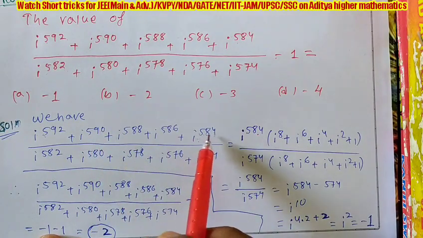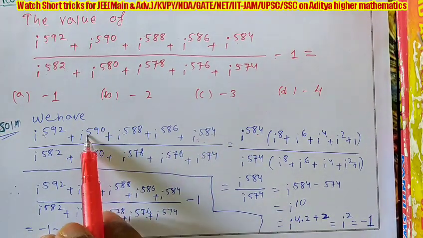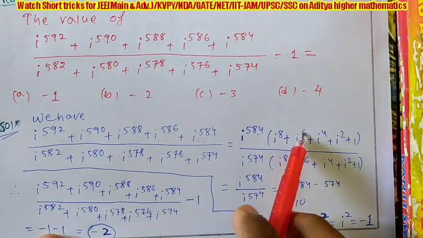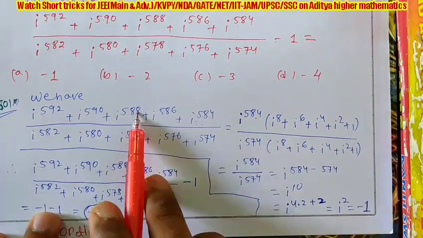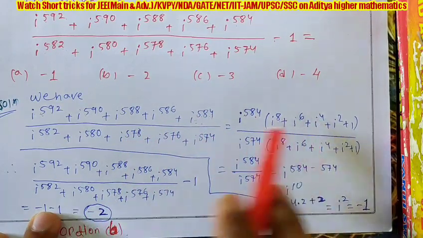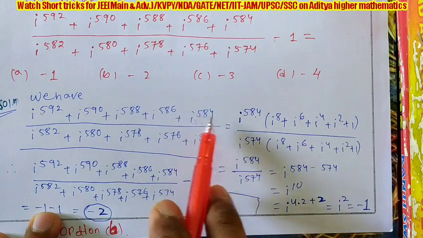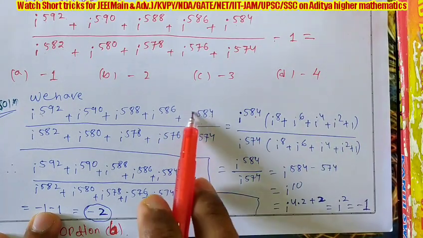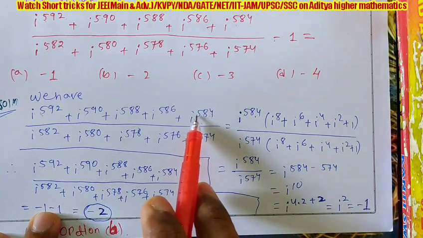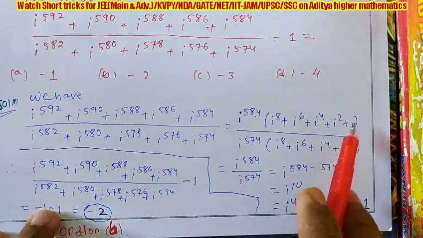Taking 584 common, subtract 584 from 590. What remains? 6. So i to the power 6. Similarly here 588, taking 584 common, 588 minus 584 is 4. Next 586 minus 584 is i to the power 2. Since i to the power 584 you are taking common, here it is only i to the power 584, so its value is 1.